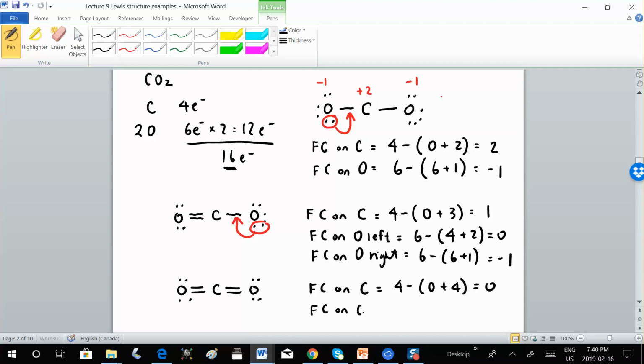Formal charges of oxygen on the left and right are equal. They're both equal to 0. So this is the best charge minimized Lewis structure for CO2. We have carbon double bonded to oxygen on the left, and the same carbon also double bonded to oxygen on the right. And the formal charges on the oxygens and carbon are all zeros.